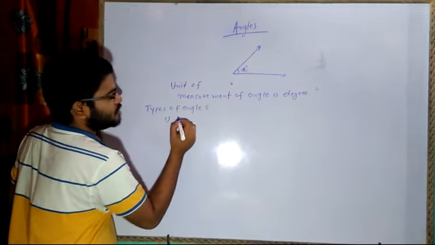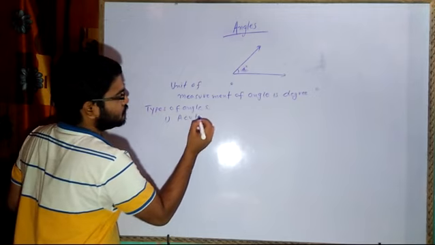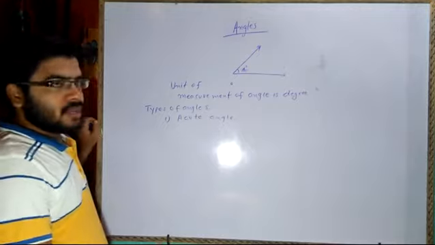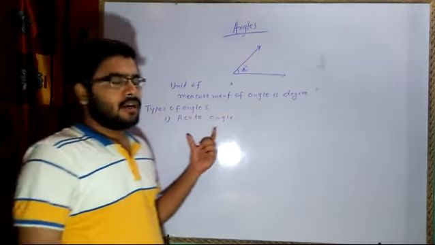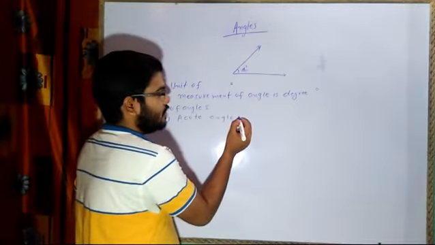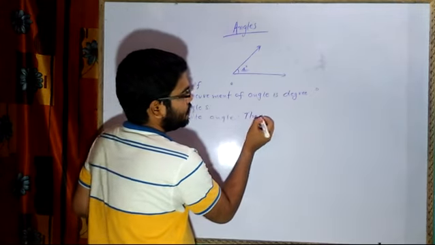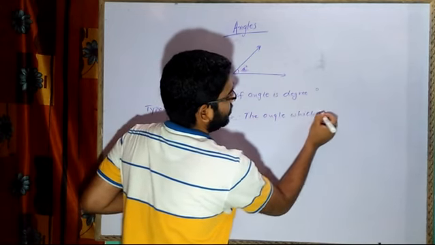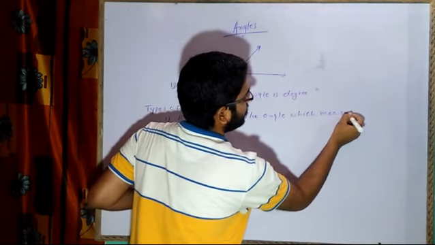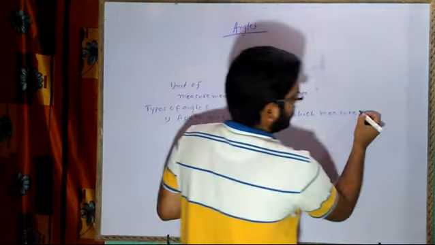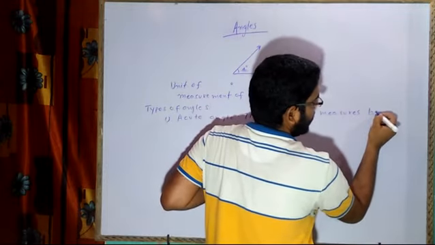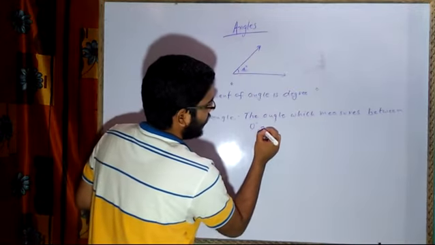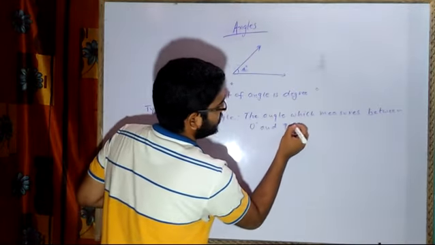The very first type is the acute angle. In the case of an acute angle, the definition says that it is an angle which measures between 0 degree and 90 degree.